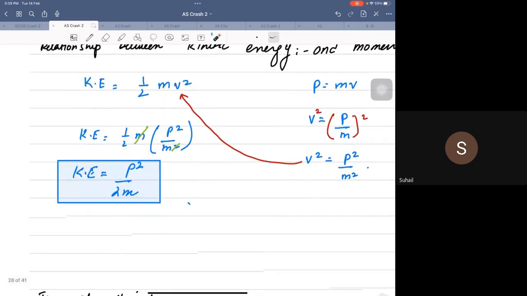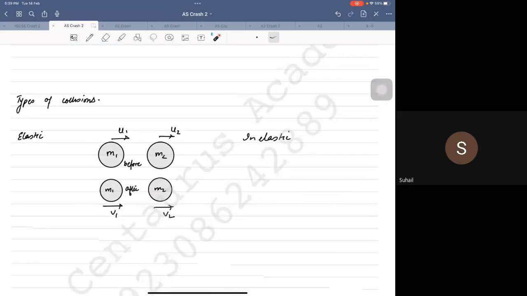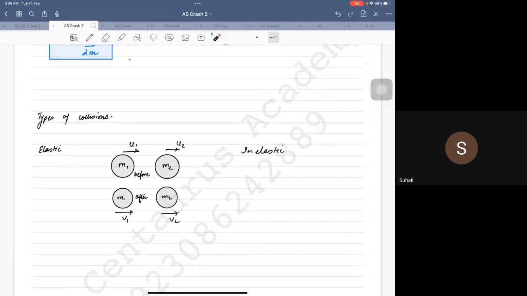Yes. Good. Okay, so then we are going to go towards the types of collisions. The types of collisions basically are elastic and inelastic. So what is the difference between them?